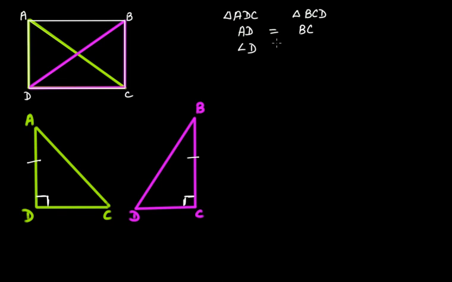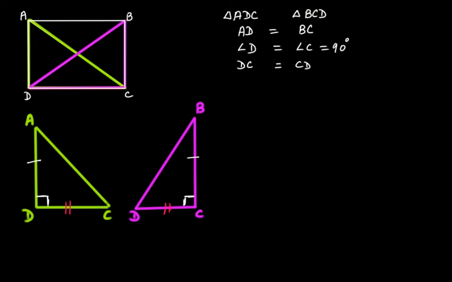And then this side DC is equal to side CD since this is common. Can you see here? This side is actually common, right? So DC is equal to CD. DC of triangle ADC is equal to CD of triangle BCD.